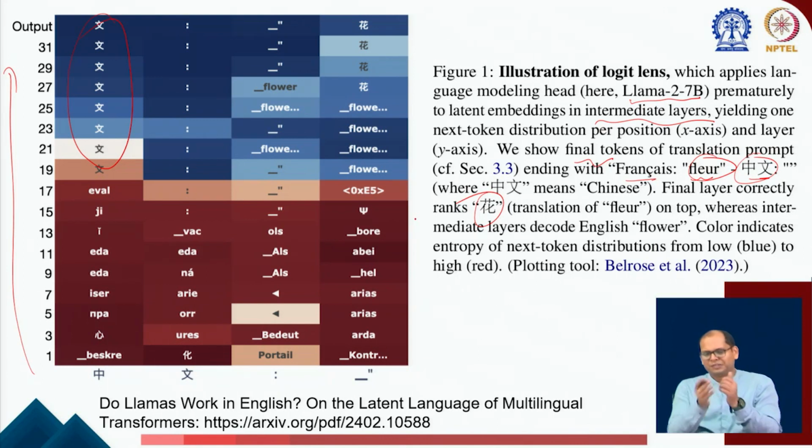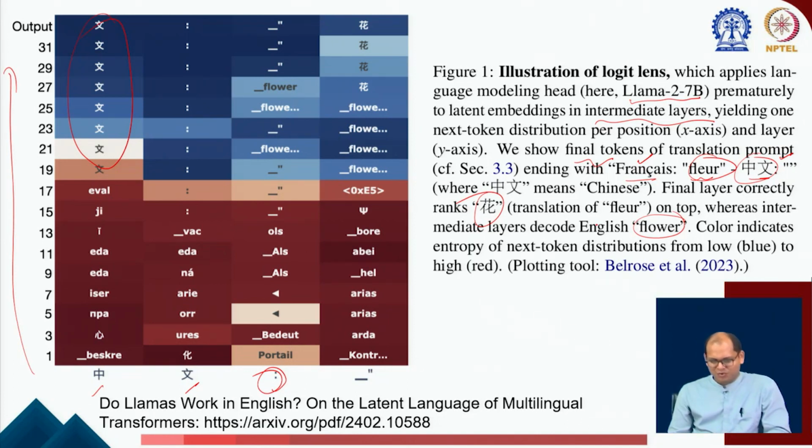They do it for certain examples, and then they say, let's predict now. After the last Chinese marker, what would you predict? This should decode the Chinese word for the English word flower.